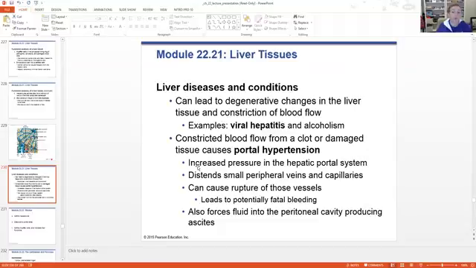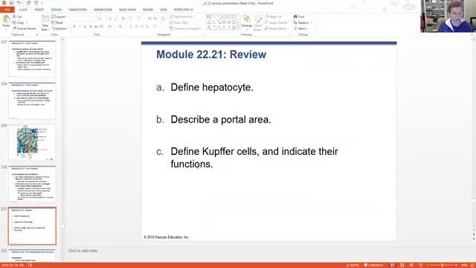It could also force fluid into the peritoneal cavity because it changes the pressure, and if the pressure's changed, then filtration and reabsorption are not going to occur properly, and therefore fluid can build up. That's a condition called ascites, which I referred to before.